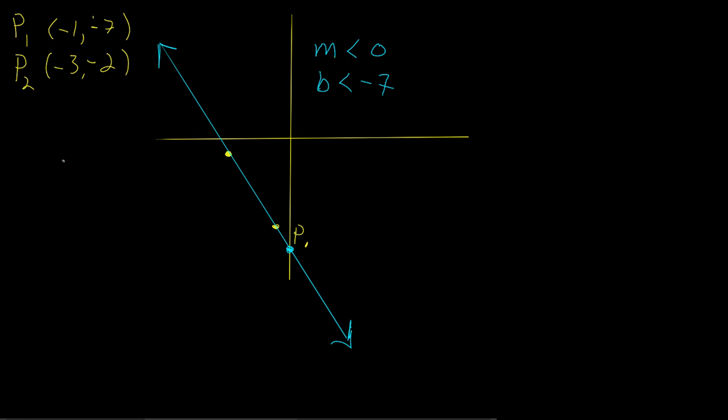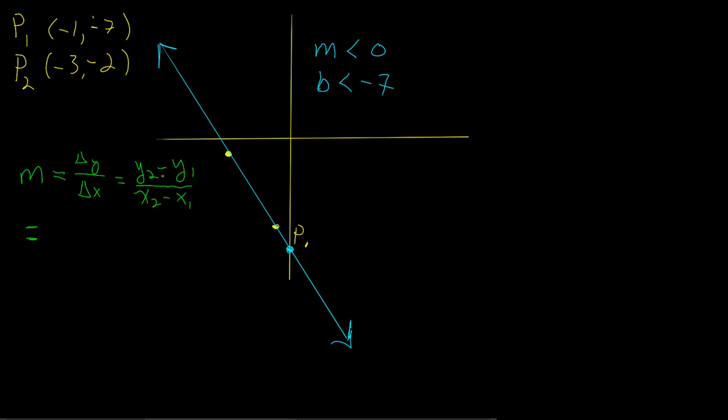Now, to get our equation of the line, let's start with finding our slope. And so our slope is the change in y over the change in x, or the rise over the run. And that's the difference between the 2 y values over the difference between the 2 x values.